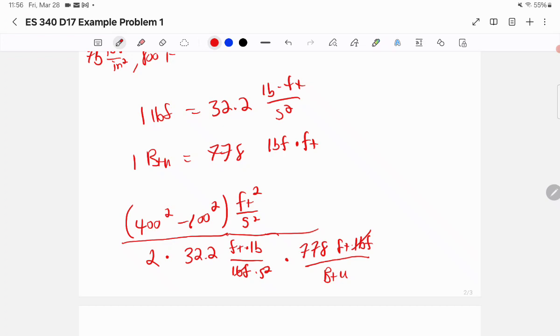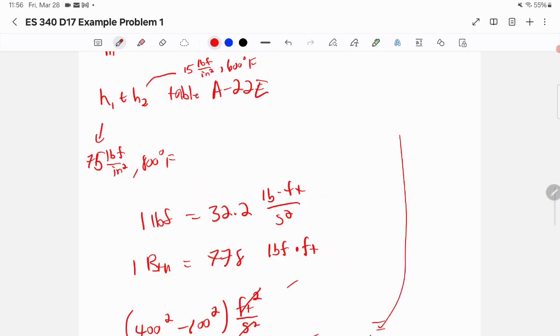So we can see the pound forces go away. This becomes feet squared, which cancels with those two, and then per second squared, which cancels with that. So we're left with BTUs per pound. So we got out to the correct units, right? Because the BTUs come up into the numerator and we get our BTU per pound.